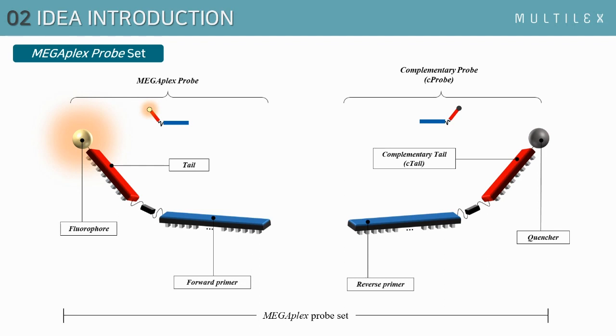As another essential component of the Megaplex probe set, there are the tail and C-tail, which are complementary to each other. And this tail pair plays a very important role in detecting the target. I will explain very soon.